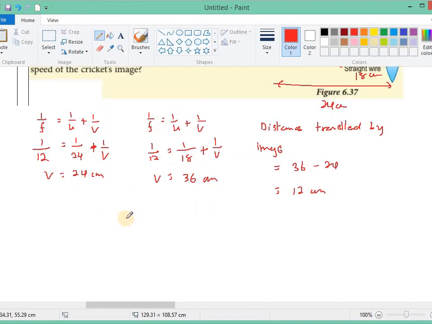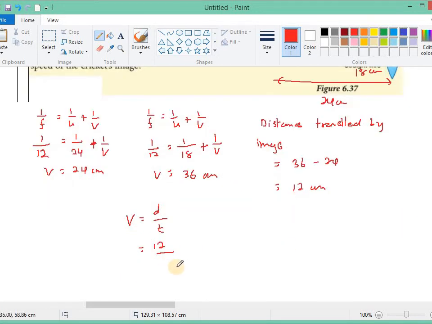Distance over time, so the distance is 12 centimeter. The time is 6 seconds. So 2 meter per second.